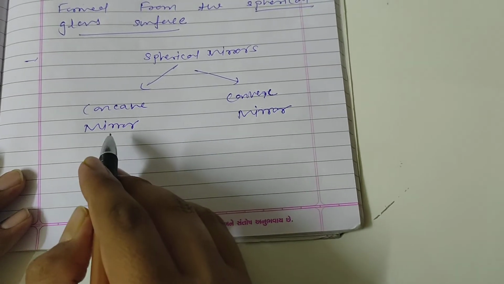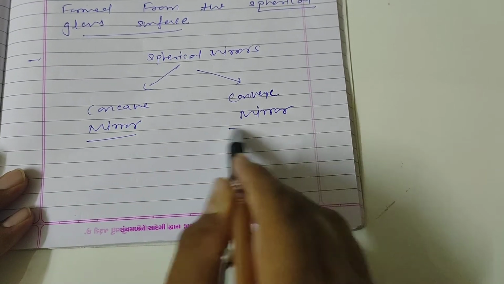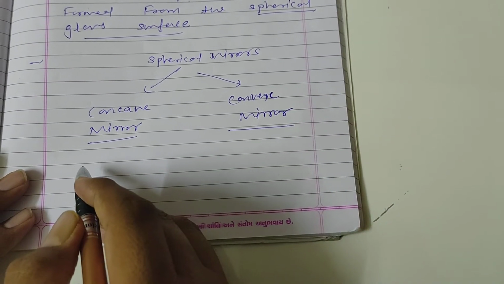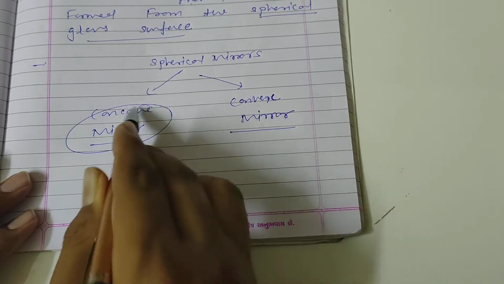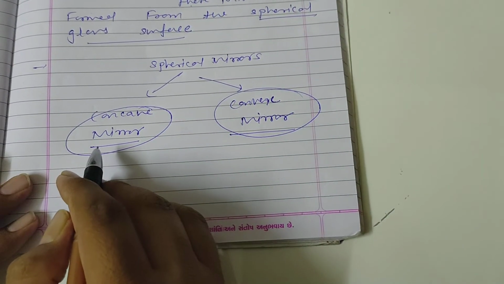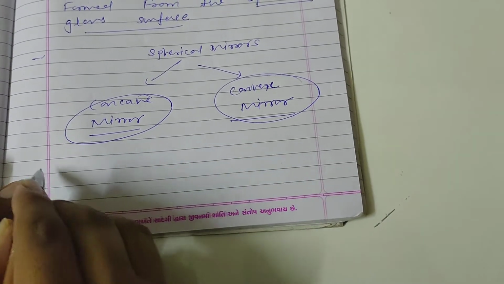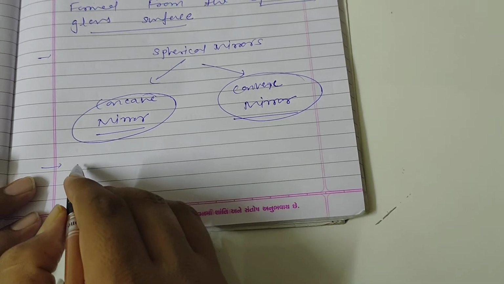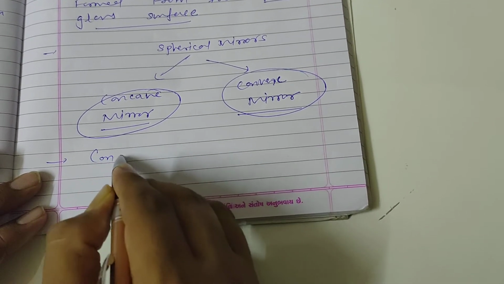Now, how can we identify whether it is a concave mirror or a convex mirror? First one is concave mirror and second one is convex mirror. First of all, we will go for a concave mirror.